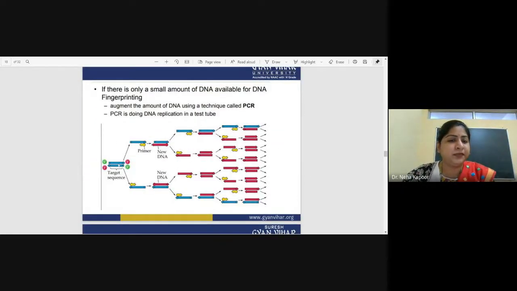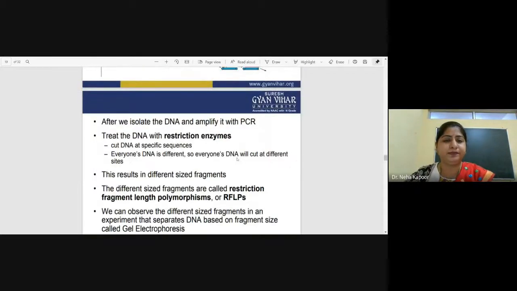As I told you, there is a very small amount of DNA available for DNA fingerprinting. In that case, we will go for the PCR technique. This is the target sequence. You have to design the primer complementary to that very STR, and new DNA would be synthesized. This whole process is exponential, so you would have millions of copies of that particular STR.